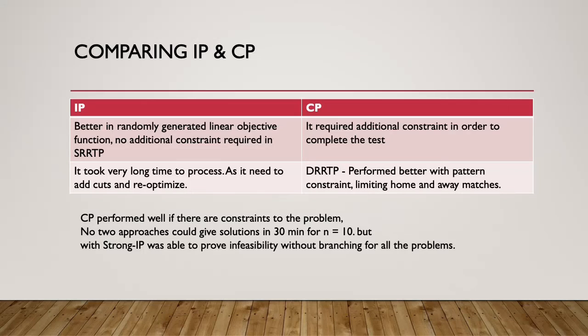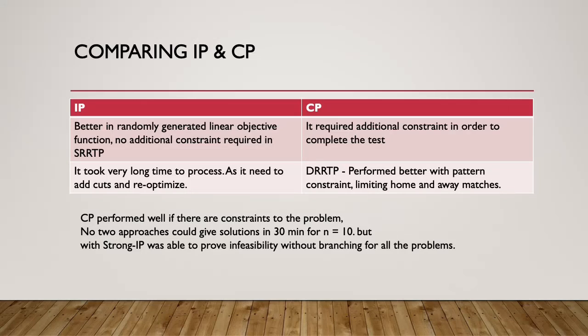But neither approach could solve the problem in 30 minutes for n equal to 10. That means if there are 10 teams, they could not solve it within 30 minutes. So this increases exponentially as the team size increases.